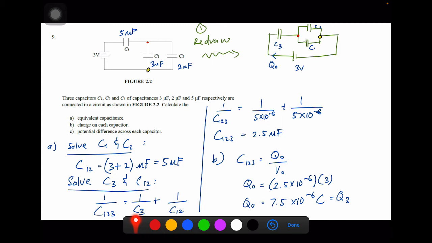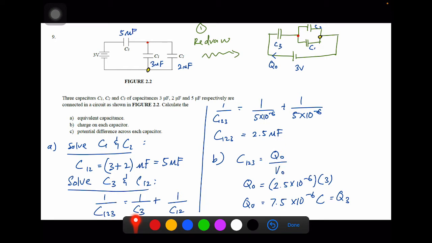So in this case, every time the question wants you to find the charge on each capacitor or the voltage at each capacitor, the first thing that you might have to do is find the Q0 first, the total charge on the circuit. That one is actually the charge delivered by the power supply here. So it goes out. How to find that one? You have to use Q0 and V0.